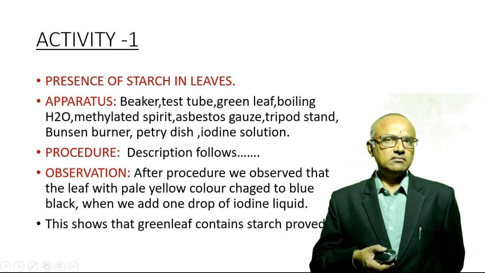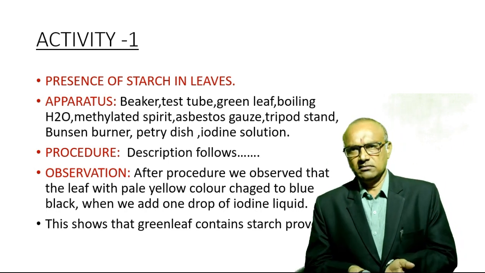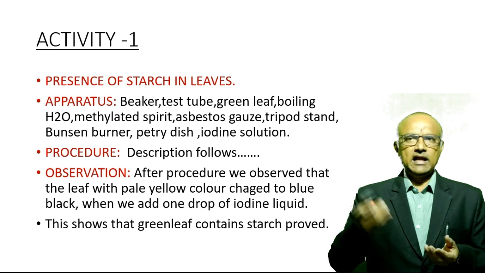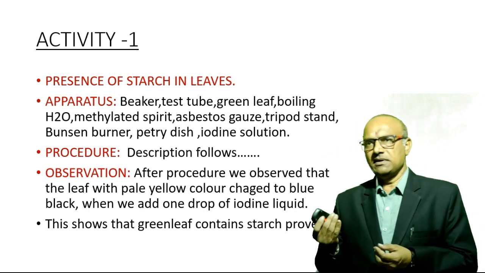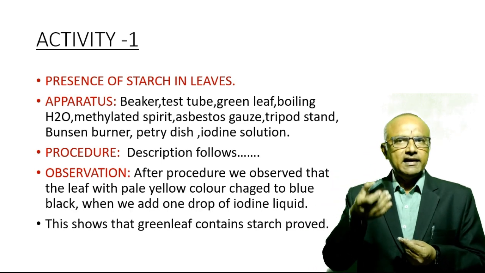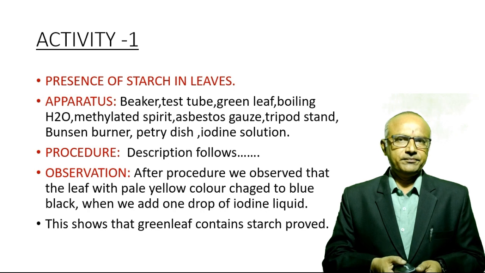Next, the procedure. Take one beaker and fill it with water. Take one test tube, fill 80% of it with methylated spirit, put the thin green leaf in it, and put it in the beaker as shown in the figure.